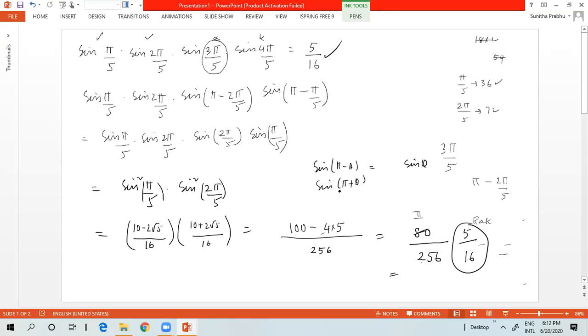Sine 180 plus theta remains sine theta in magnitude, but this is in the third quadrant, where sine is negative. So minus sine theta. These two at least you should learn today. Sine 180 minus theta is plus sine theta. Sine 180 plus theta is minus sine theta. Learn these two identities, the newcomers.